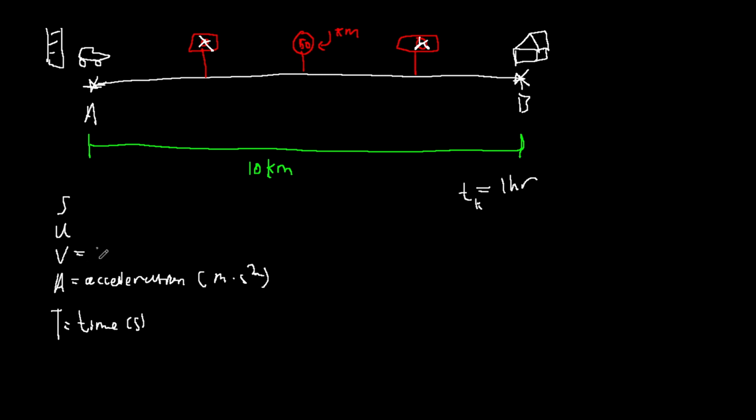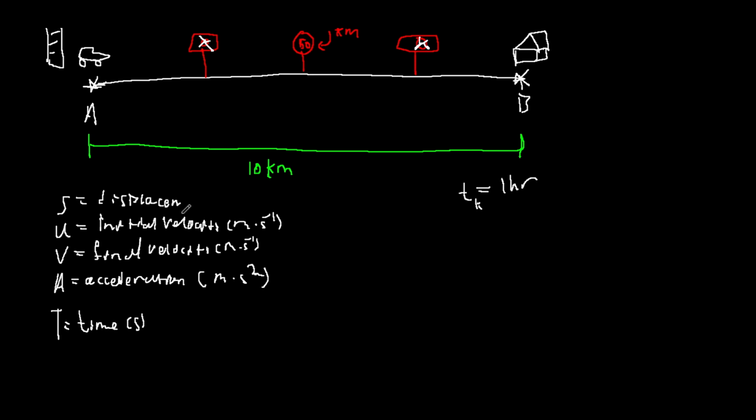Then we have final velocity, then initial velocity, and this is displacement, in meters. You can also consider distance, but for now we're going to consider displacement.